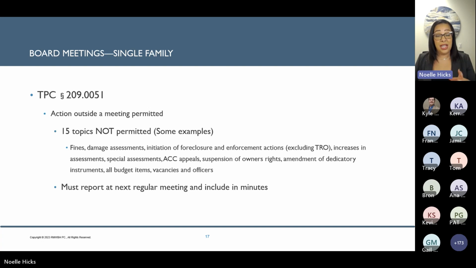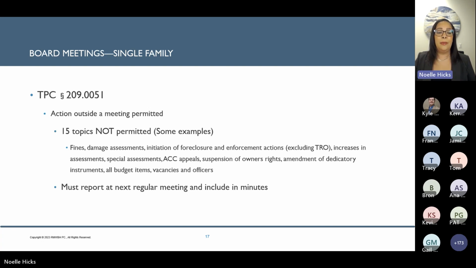There are at least 15 topics that absolutely must be discussed during an open board meeting. So we're talking about fines, damage assessments, initiation of foreclosure and enforcement actions, and so on and so forth. I won't read all these to you. You'll note that some of these things definitely are things that are a little bit more private and probably require some confidentiality and a little bit more tact. So when you adjourn into that executive session, some of these things can be discussed during executive session as well.